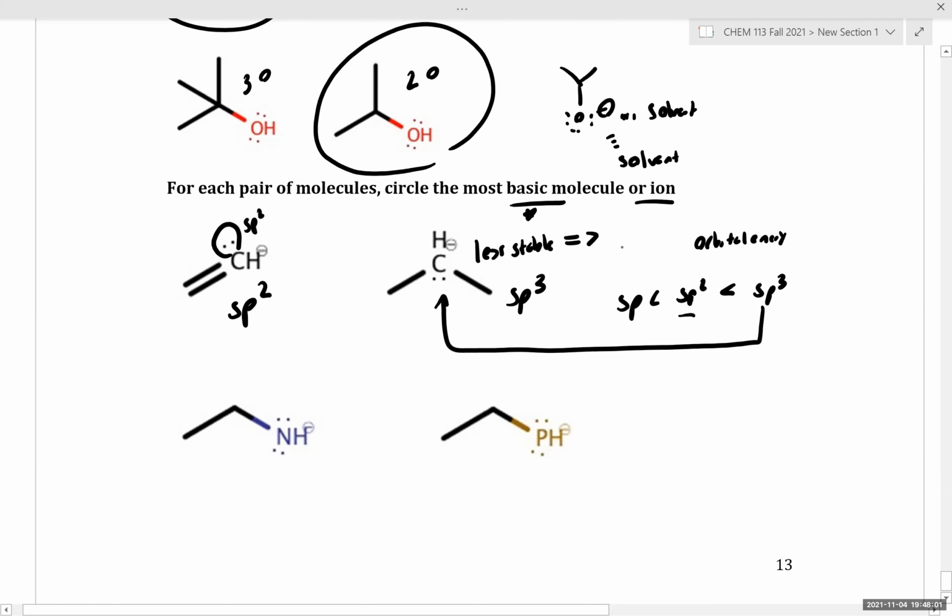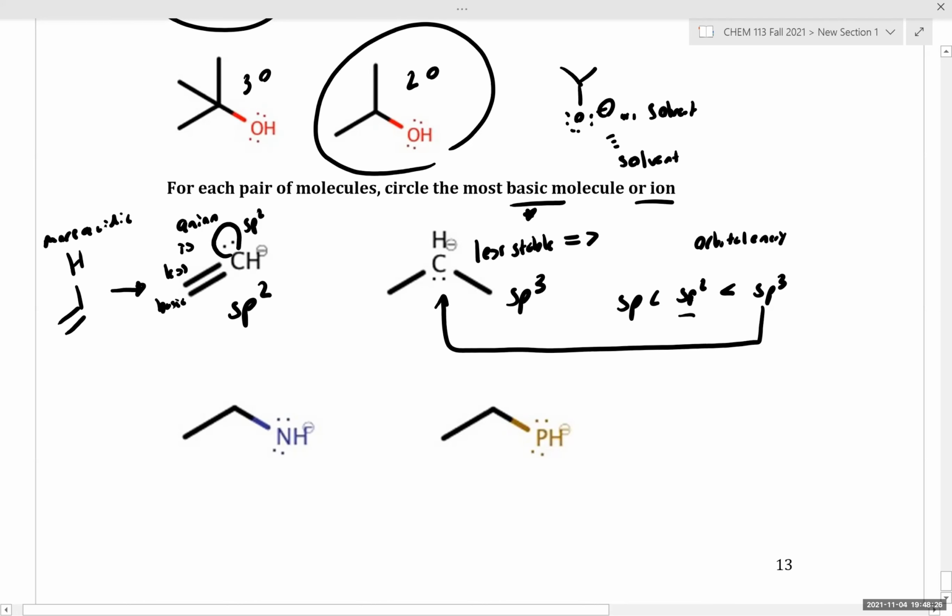So basically it will be more acidic, right? Yes, the sp2 hydrogen is more acidic. But this anion, because it's more stable, is less basic. Does that make sense?